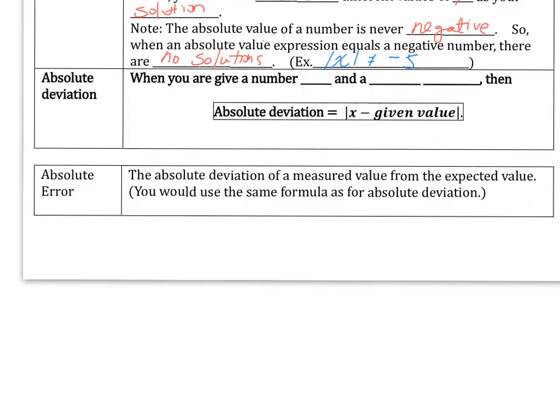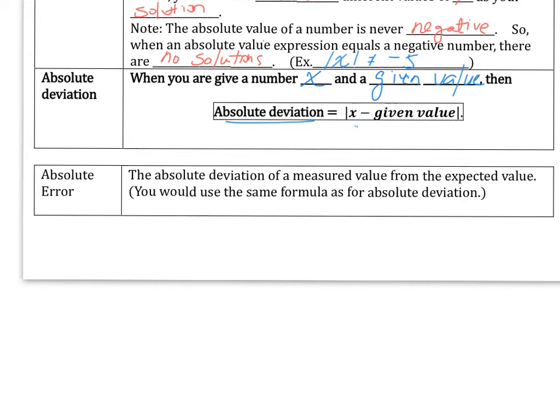Okay, now I'm going to move on to absolute deviation. When you are given a number x and a given value, then the absolute deviation formula is defined by the absolute value of x minus the given value. How far is the given value away from x?